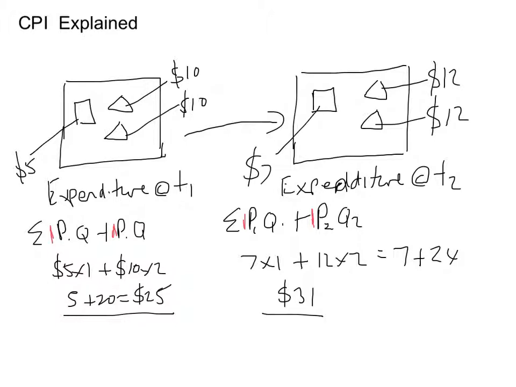That's not changing, is it? We've got one of the square ones in time 1, and we've got one of the square ones at time 2. We've got two of the triangular ones at time 1 and two of the triangular ones at time 2. So we're holding the quantities constant while allowing the prices to vary.